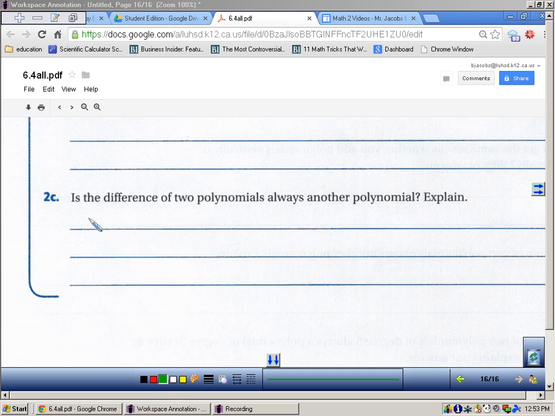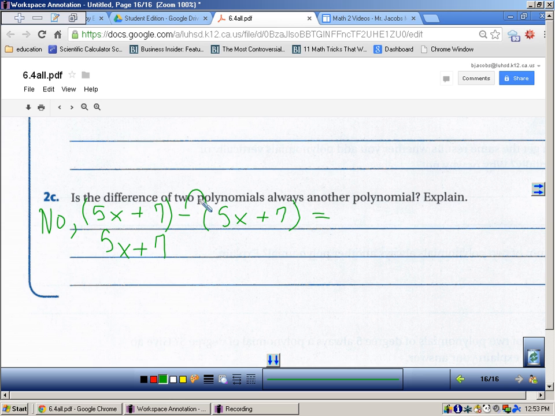And so we'll start with a simple example. 5x plus 7 minus 5x plus 7. Working this out, you would see that you get 5x plus 7. Okay, we're going to distribute the negative sign. We end up with plus negative 5x plus negative 7.